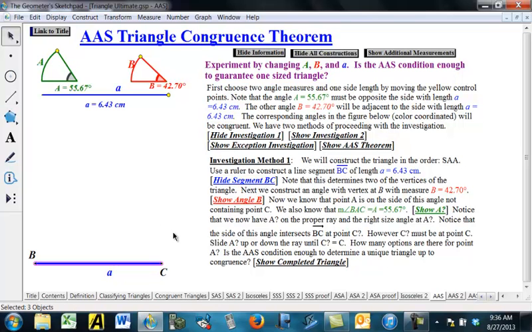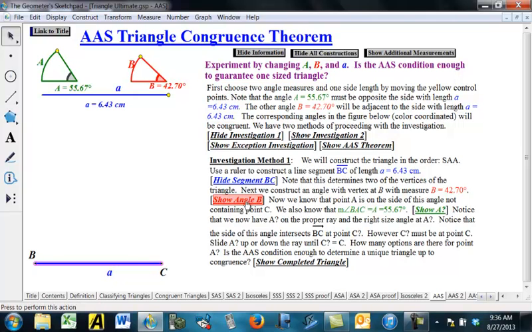Now we have 2 of the vertices, both B and C. Now we need to figure out where vertex A is, opposite the side of length A. So the angle A is going to be up here somewhere opposite this side, and we're going to put angle B. We can put it either here, well, we'll put it here at B.